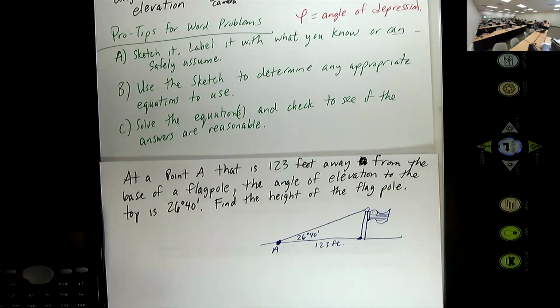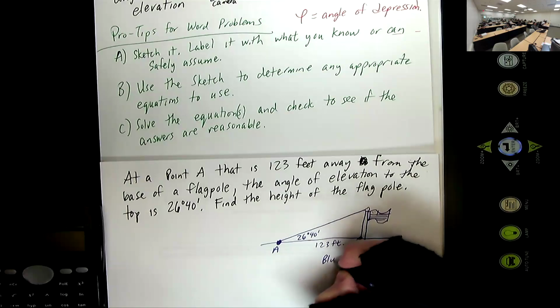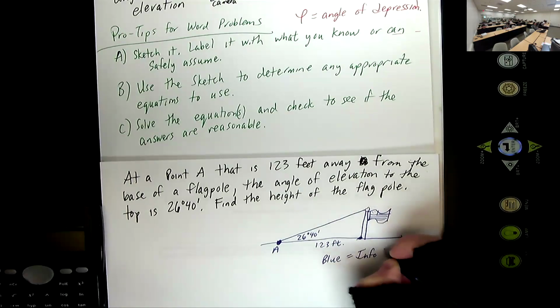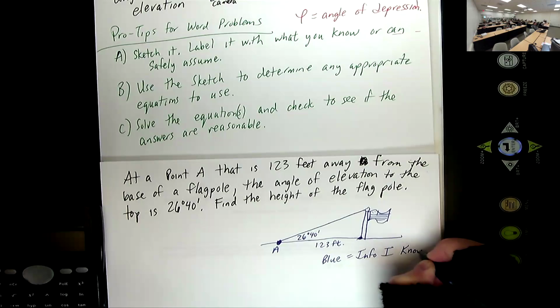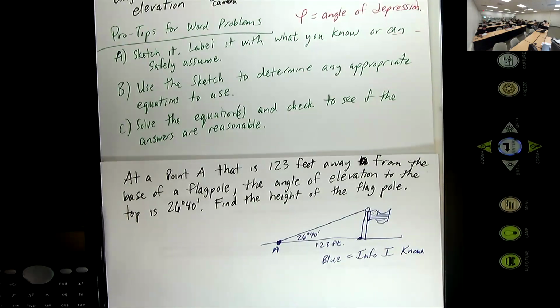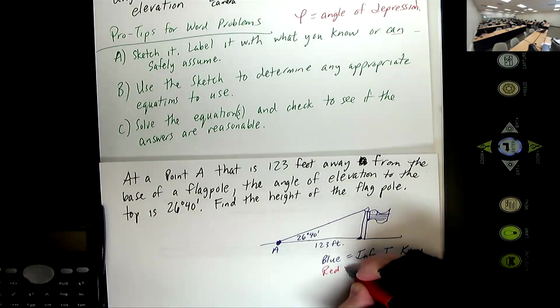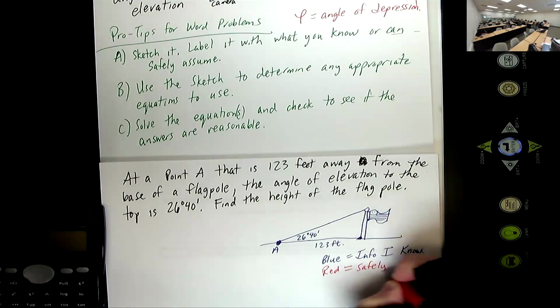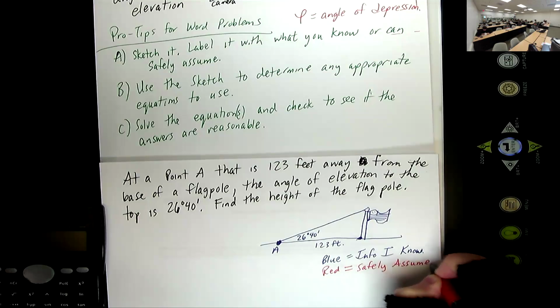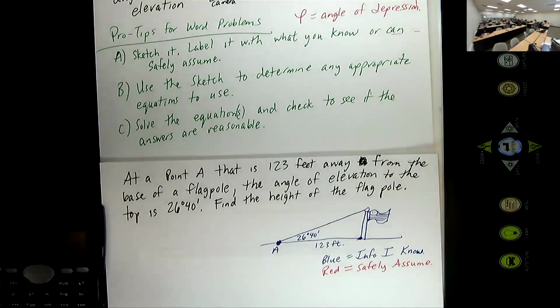Everything in blue is info I know. Red is going to be something I can safely assume. Have you ever seen a flagpole that isn't straight? No, so I'm going to assume the flagpole is straight. That's important.